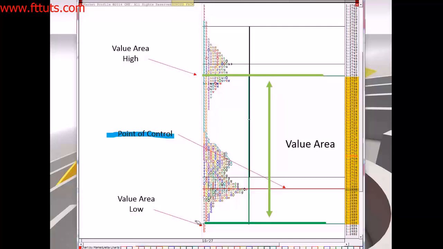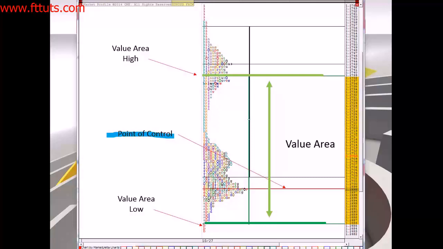That price was visited 19 times during the session. So this 1.2698 price level was in fact visited 19 times throughout 19 30-minute periods, 19 different 30-minute periods.